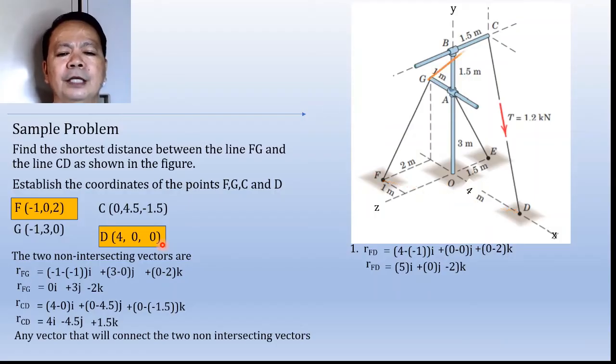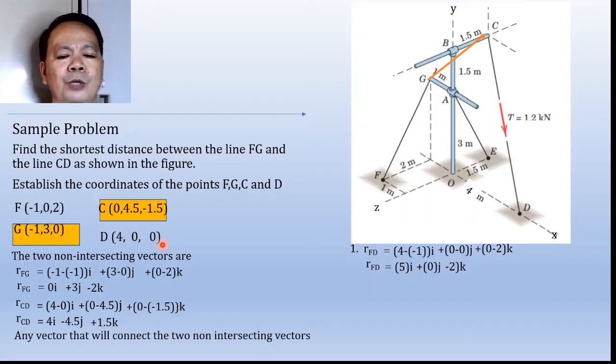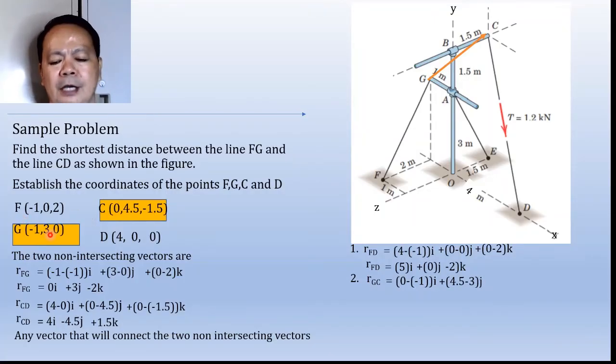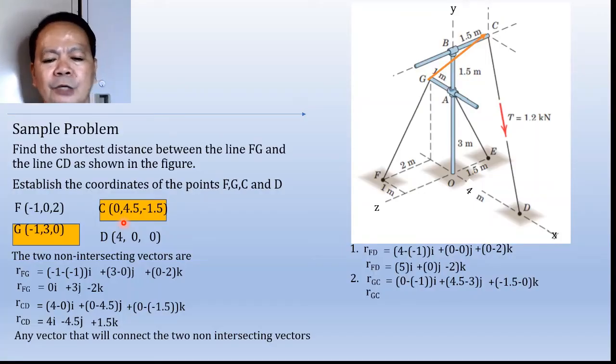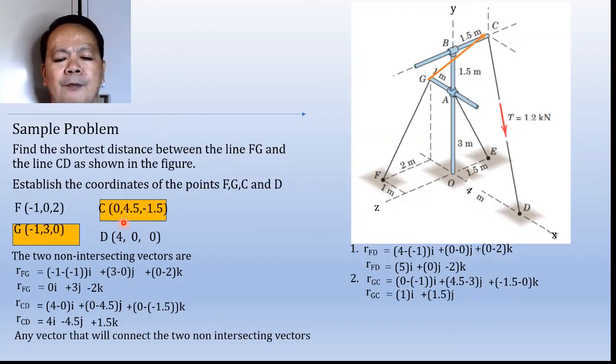We can also take this vector as another vector that will connect FG and CD, so that this vector has the following coordinates. So when we solve for the position vector of G and C, that becomes RGC equal to 0 minus -1 i plus 4.5 minus 3 j plus -1.5 minus 0 k, so that when we simplify, that becomes equal to 1i plus 1.5j minus 1.5k.